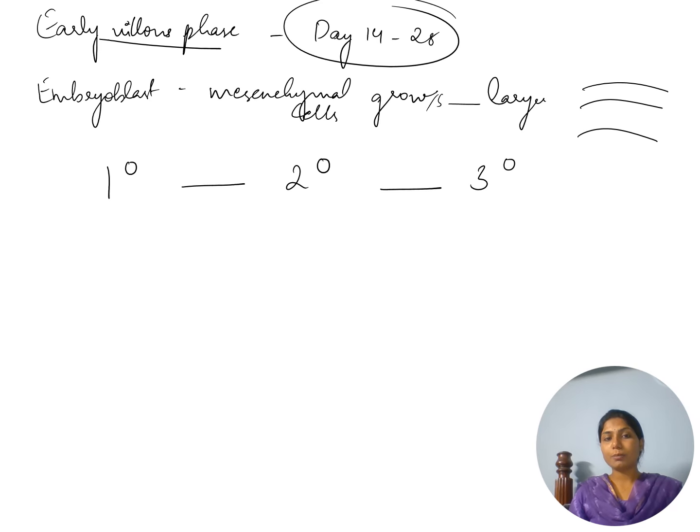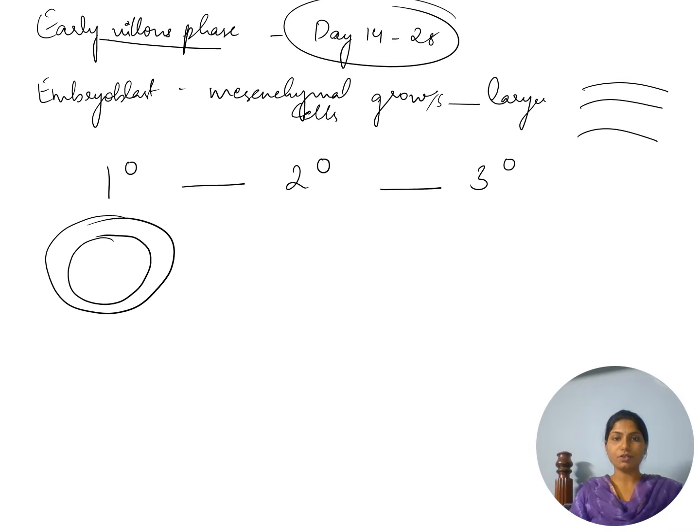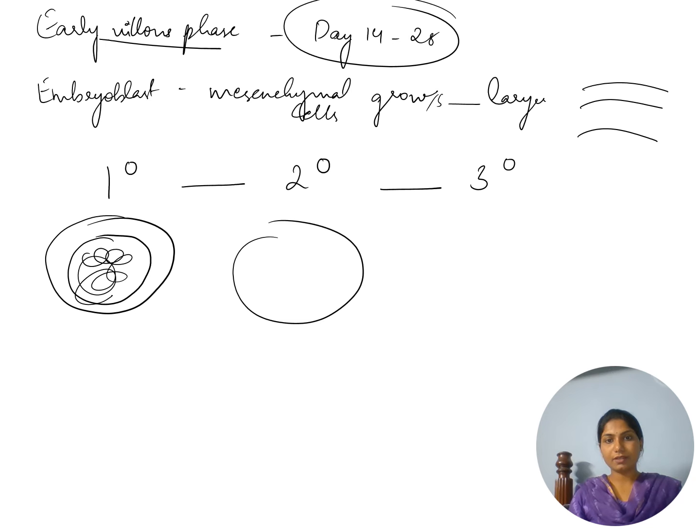So what do we know about the primary villi? It is nothing but the cytotrophoblast, which is surrounded by the syncytiotrophoblast. But whenever the mesenchymal cells are growing into this structure, this is called the secondary villi.